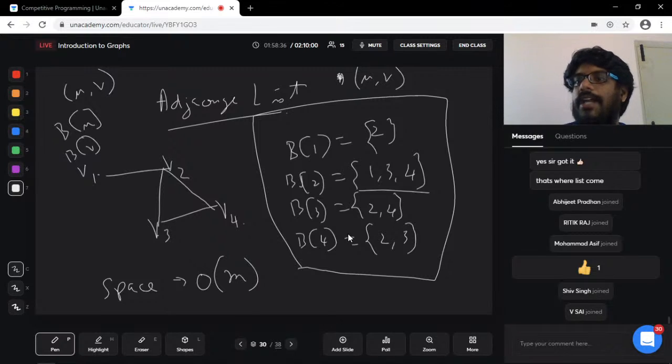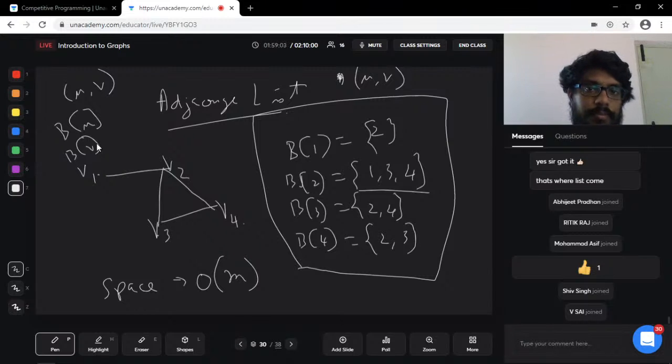It's a dynamic array. At the beginning, you don't want to declare the whole array because then that would defeat the purpose of saving space. So whenever an edge u comma v comes, you add v to the adjacency list of u, and you add u to the adjacency list of v, and that's it. That takes care of everything.